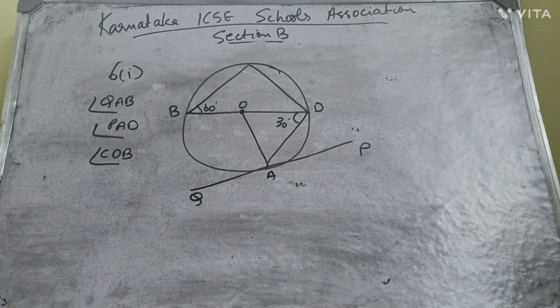This is the diagram given, and it is mentioned that BD is the diameter of the circle, and these are the values that you need to find.